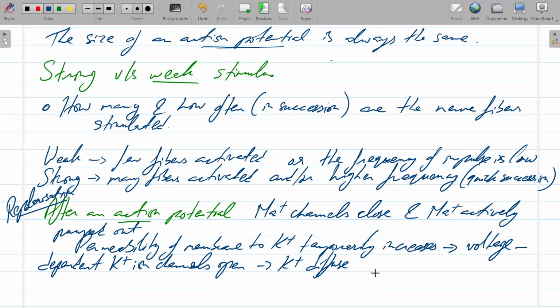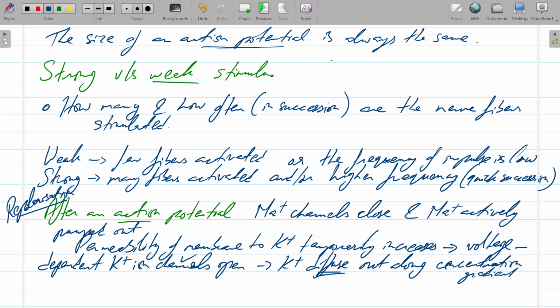Well, again, not all as in everything that's present, but the major players. And because you're using the term diffuse, they're moving along their concentration gradient, right? So this one's not an active process for potassium as far as the ion channels are concerned. The pump is an active process.